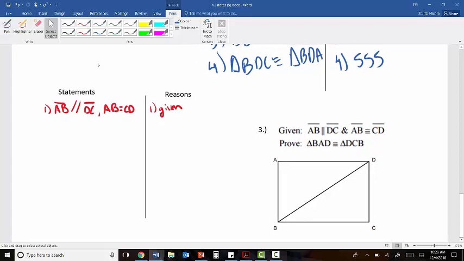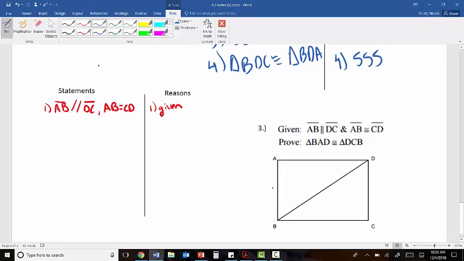All right, in the last one, it does say AB equals CD. And it also says that AB is parallel to CD. So I just want to clarify, when you see an arrow, that does not mean the same thing as a tick mark. We do not count arrows as tick marks. Arrows mean parallel.